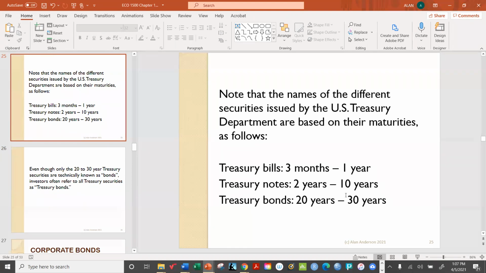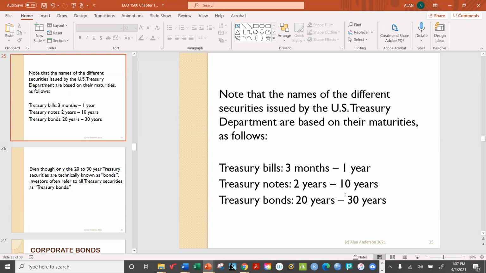We have Treasury notes that last anywhere from 2 to 10 years. And finally, we have Treasury bonds that last anywhere between 20 and 30 years. Now, in the media, though, they often refer to these as bonds. You know, if they're discussing this in an article, they may refer to them as bonds, but the names are actually what you're seeing here.